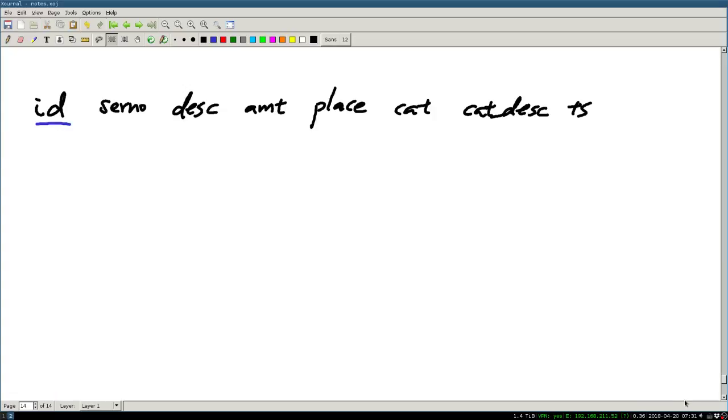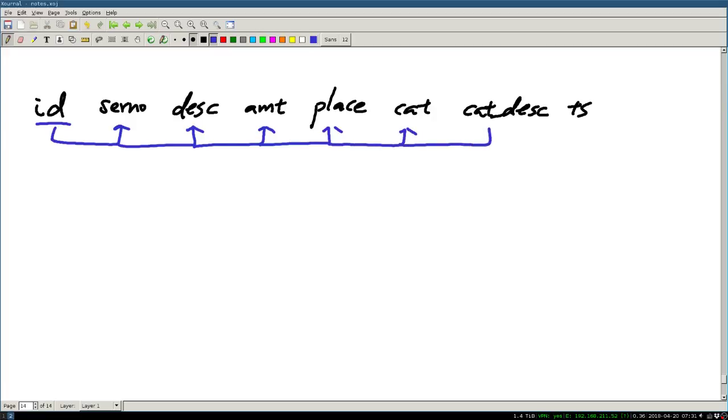So according to the definition, ID is the primary key, so it is used for determining all the other attributes. And this is the first normal form table.